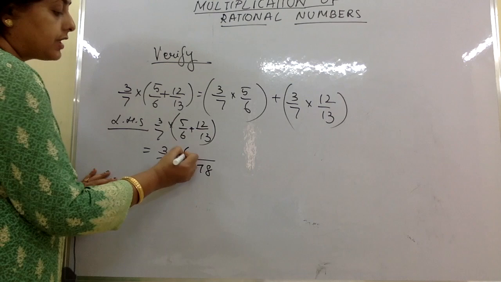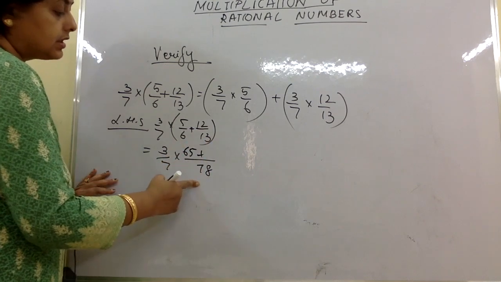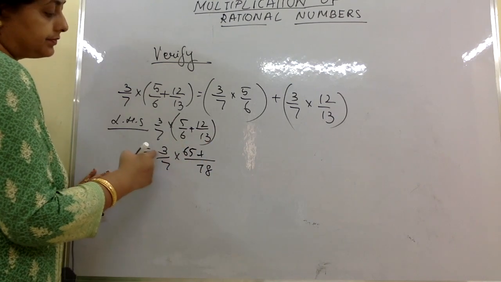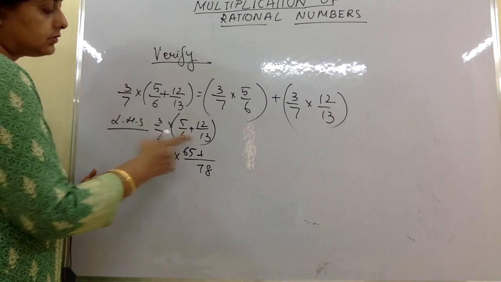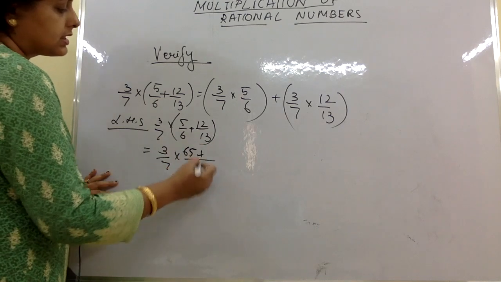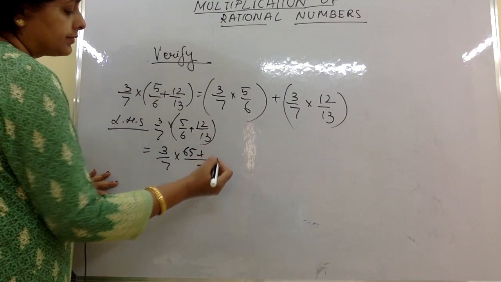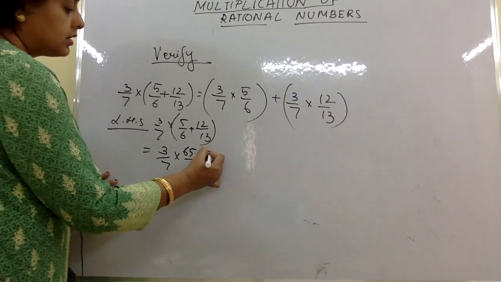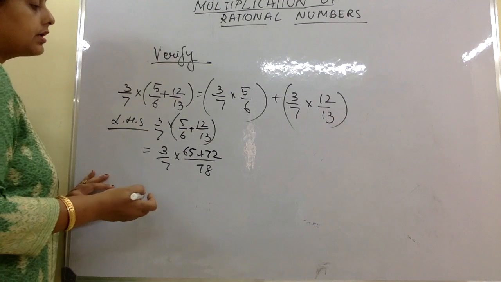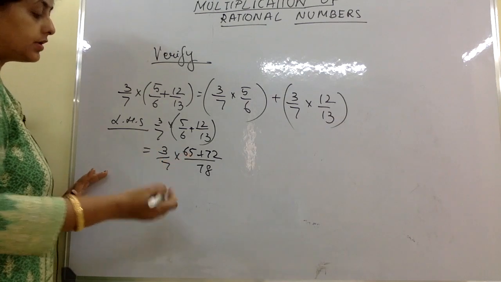So 13 into 5, 65 plus 13 into 6, 6 into 12 is 72.